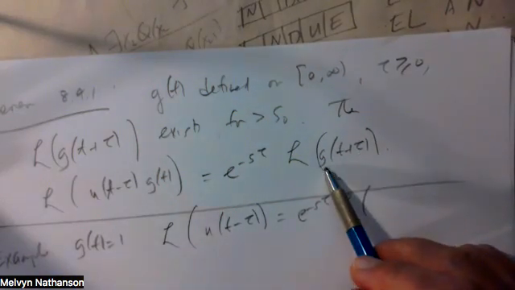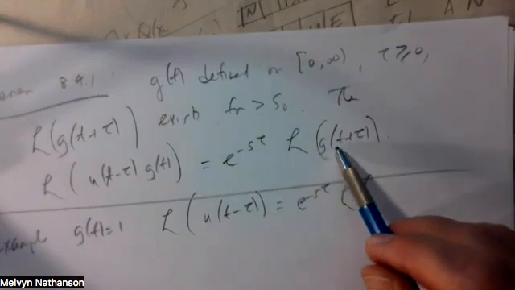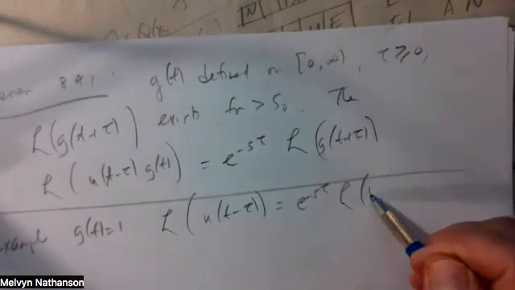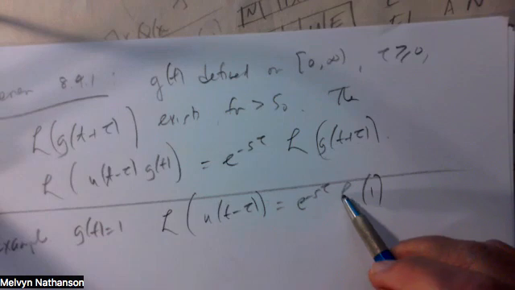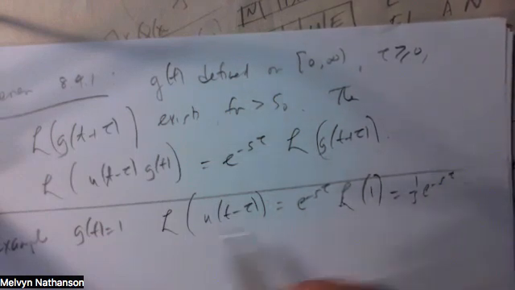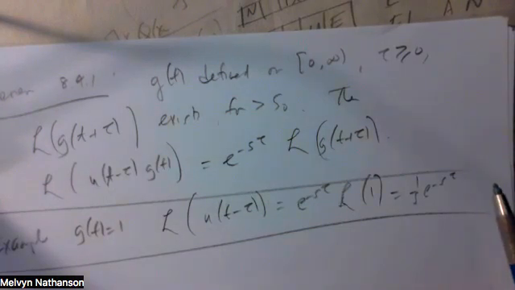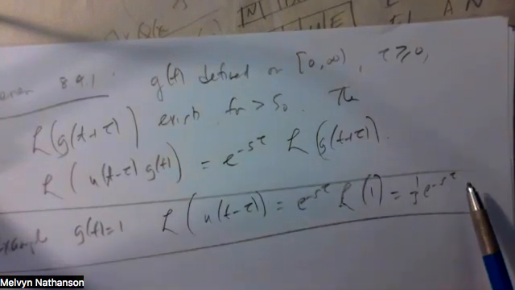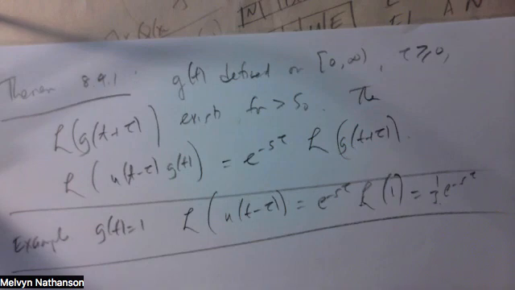Well, if g is the constant function 1, when you translate it, it still is the constant function 1. And the Laplace transform of 1 is 1 over s, so we get 1 over s e to the minus s tau. So a very special case of this result is the Laplace transform we calculated a moment ago.